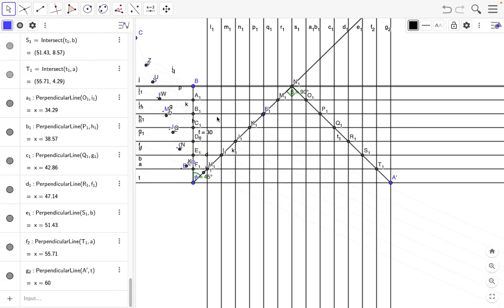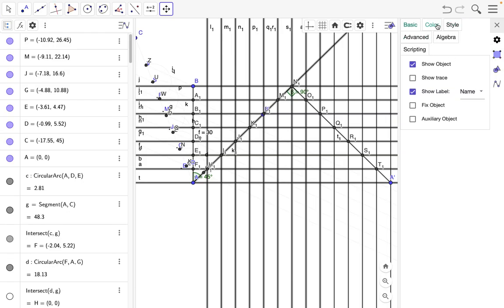So we can select all of this together. We can select their styles.